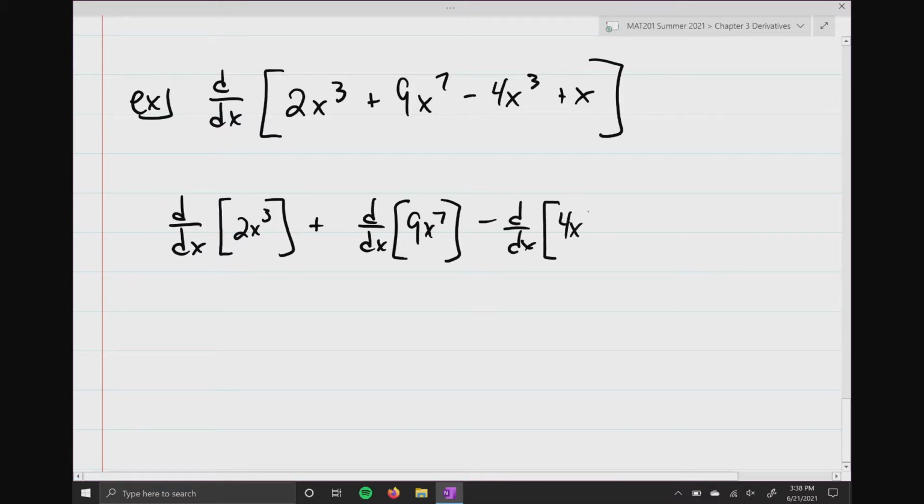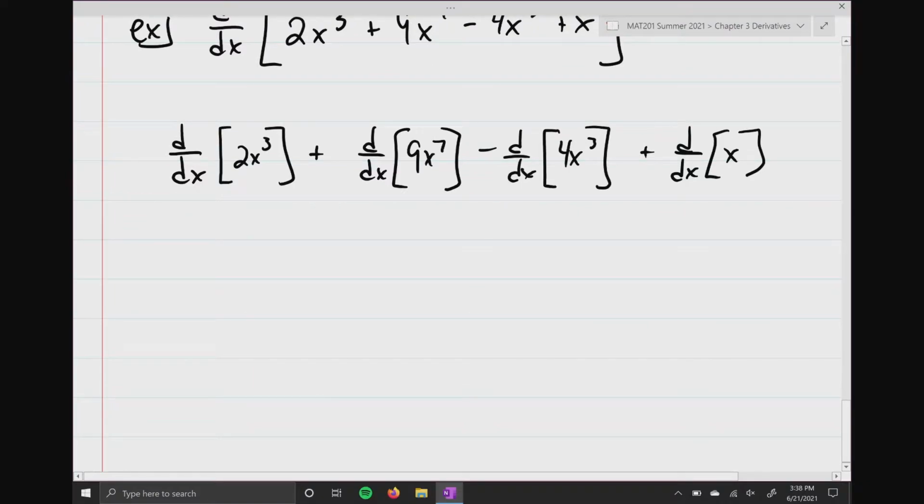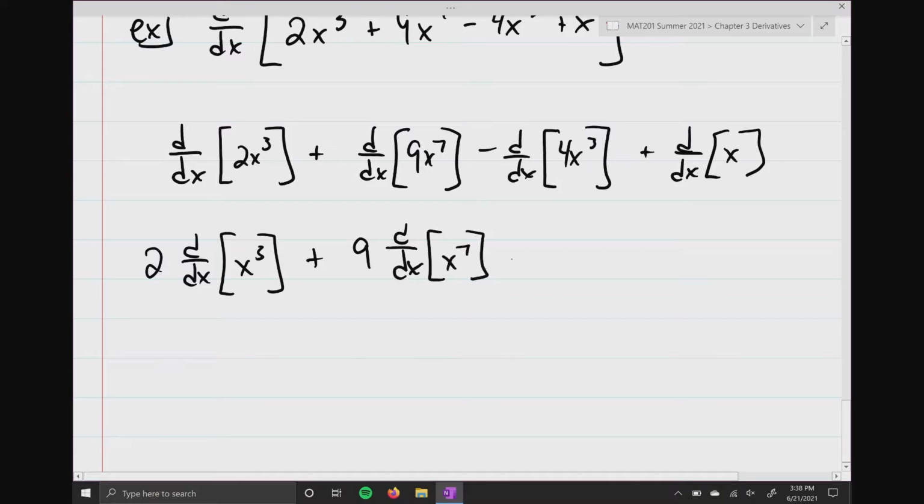And also, hopefully you could start to see that I can apply another rule, which is that constant multiple rule. So I can take the 2, pull it out front if I wanted to. Take the 9, pull it out front. Take the 4, pull it out front.